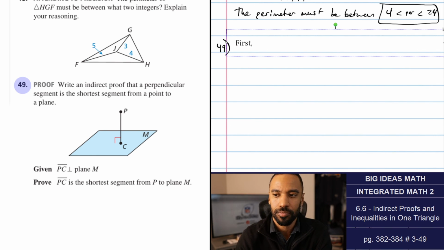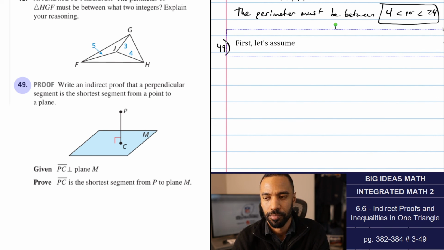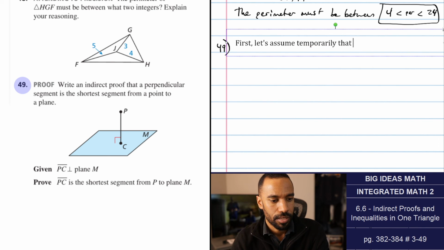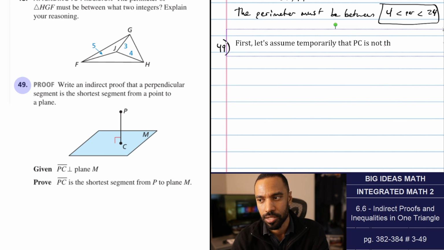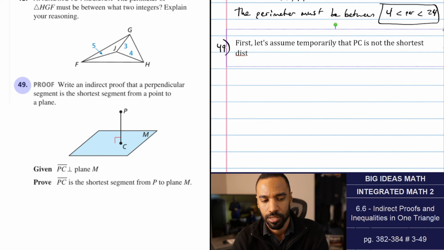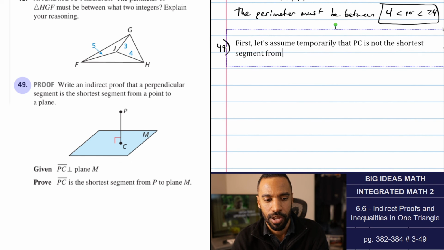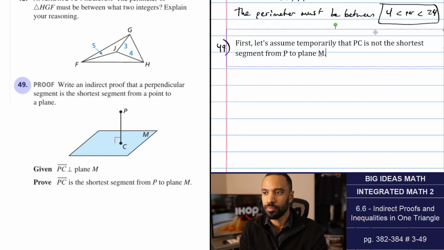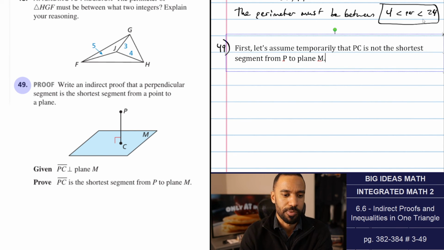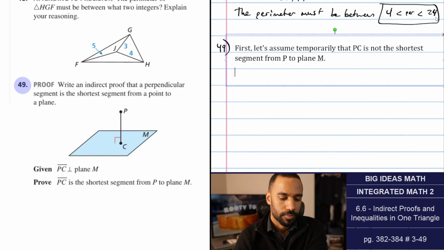First, let's assume, temporarily, that PC is not the shortest distance segment from P to plane M. Okay? First, let's assume it's not the shortest distance.